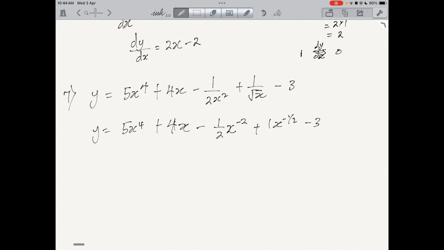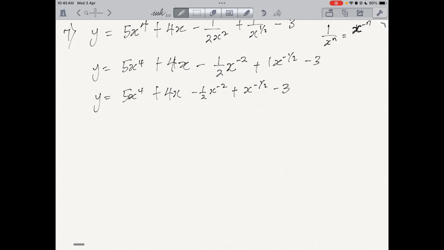Now we apply the principle that 1 over x raised to the power n is equal to x raised to the power minus n. And root x here is the same thing as x raised to the power half. So let's simplify further as 5x to the power 4 plus 4x minus 1 over 2 x to the power minus 2 plus x to the power half minus 3.